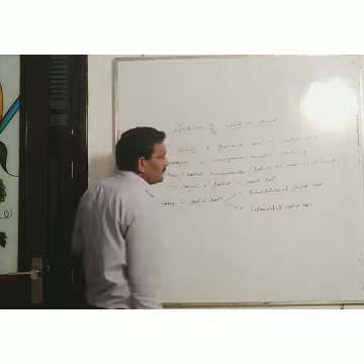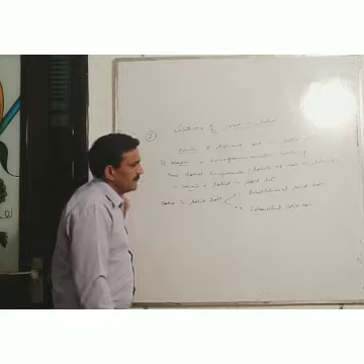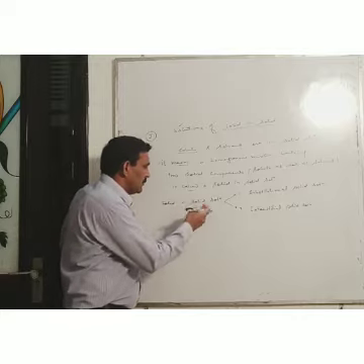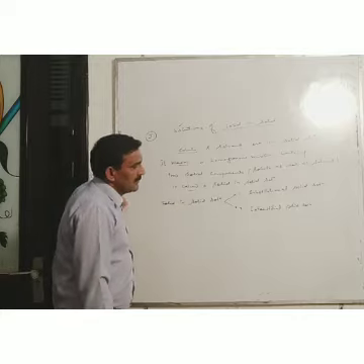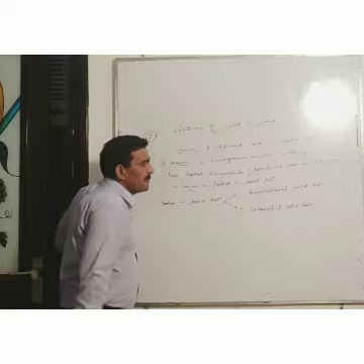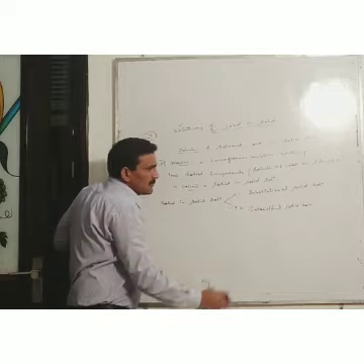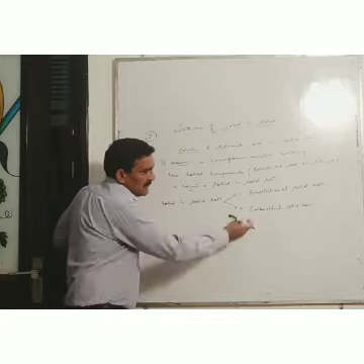A solid in solid solution, or a solution containing two solid components, can be of two different types: one is the substitutional solid solution and second is the interstitial solid solution.